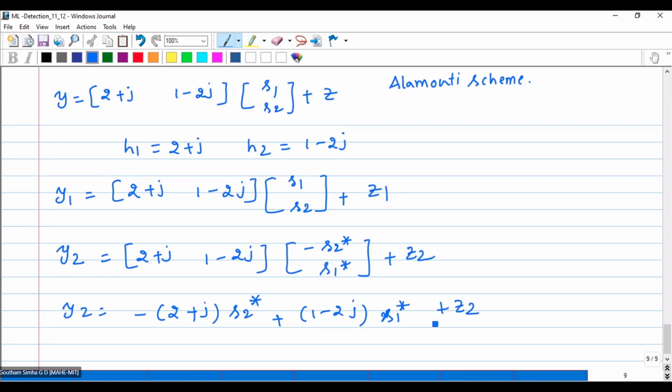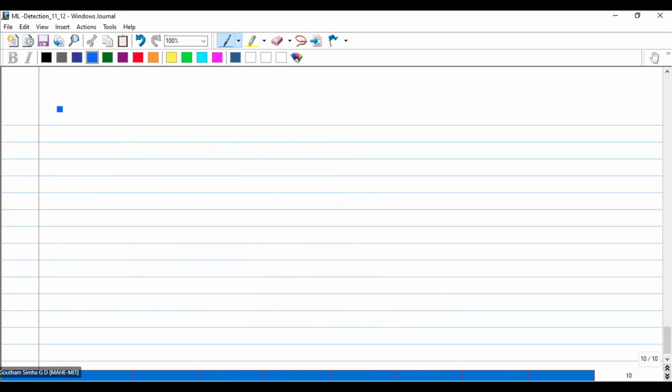Correct? Now y1, y2 I have to get. Let's make it y2 conjugate, because it will be easy to detect in terms of y1 and y2 conjugate. So y2 conjugate will be equal to minus of 2 minus j into S2 plus 1 plus 2j into S1 plus Z2 conjugate.